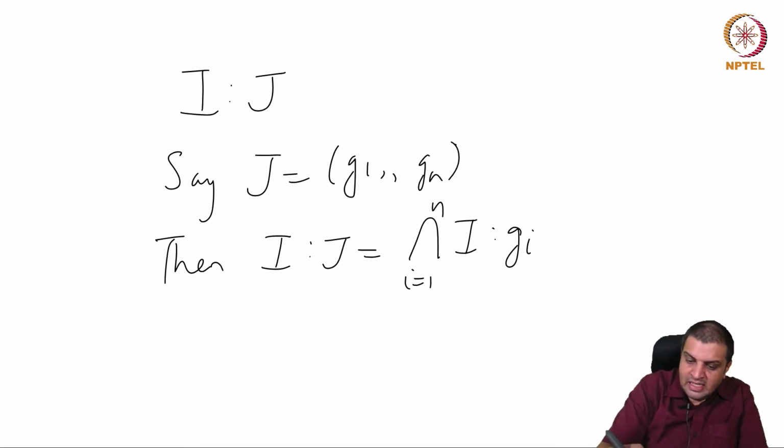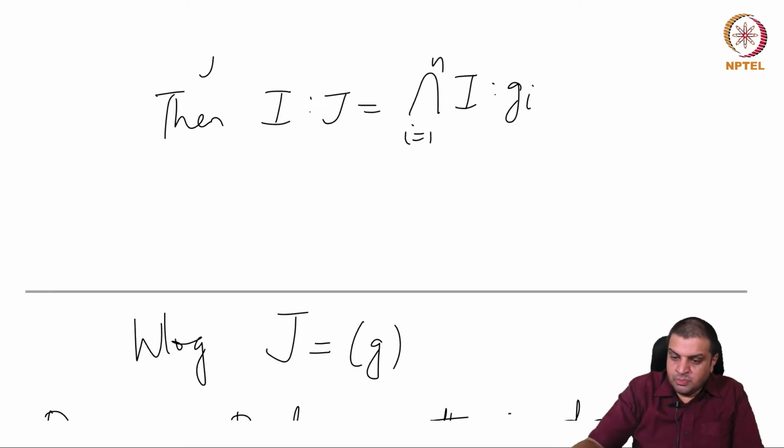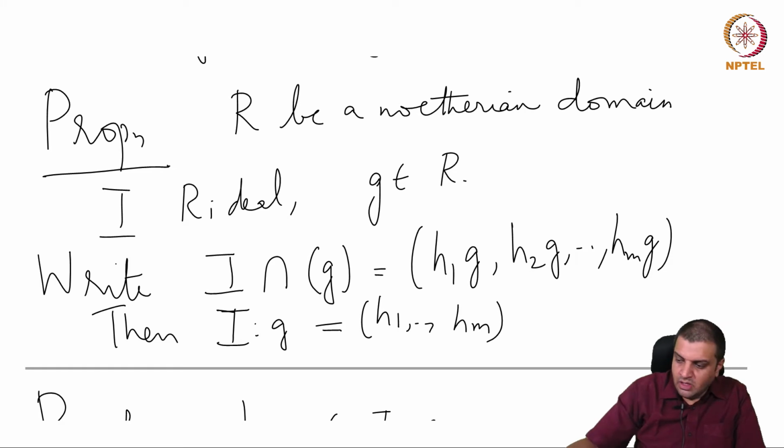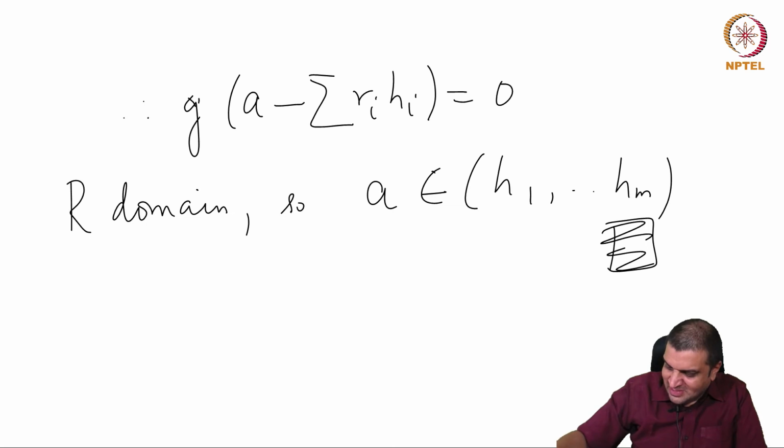For taking colon ideals, we need algorithms to do two things: intersect ideals, and take colons by principal ideals. The principal ideal part is what we just described, but that itself involves taking an intersection. So it might be useful to learn to do the intersection first. So let's do that now.